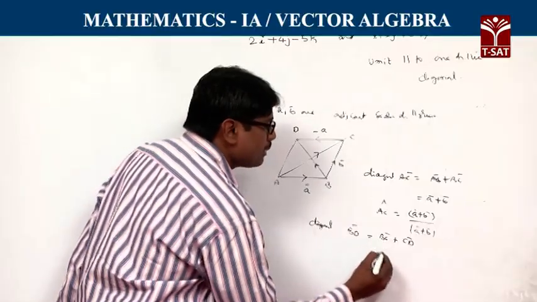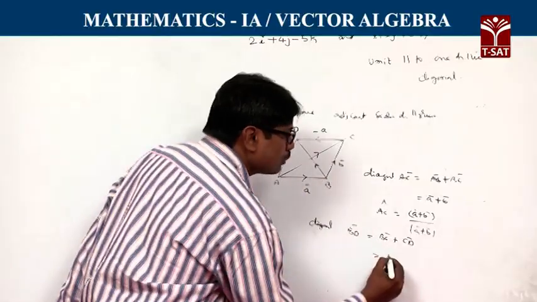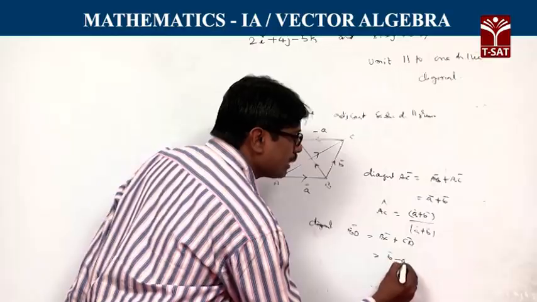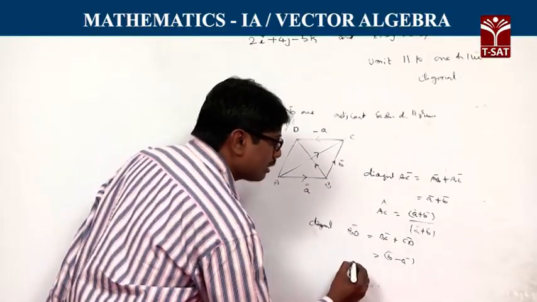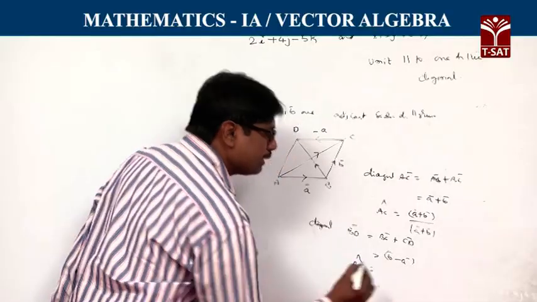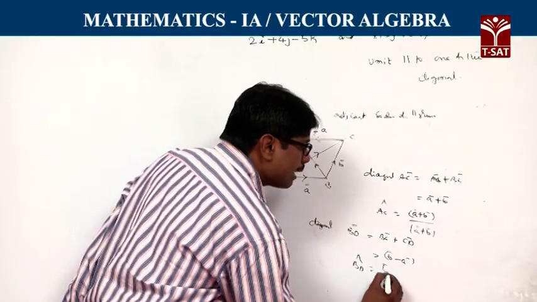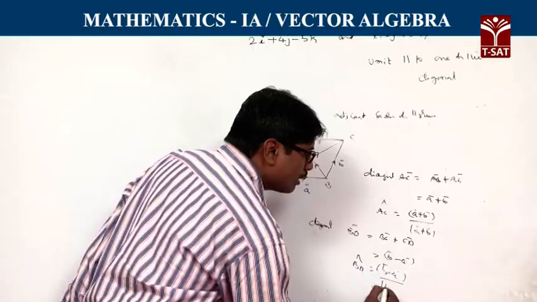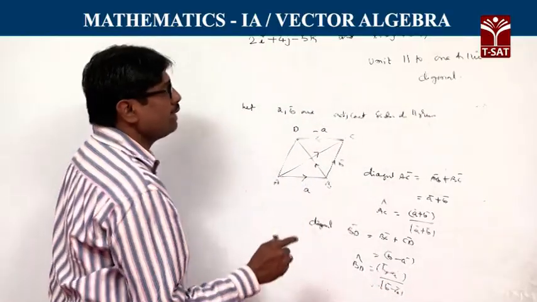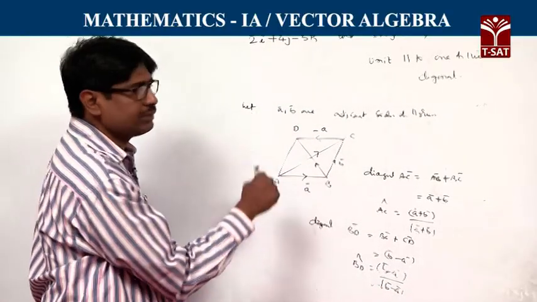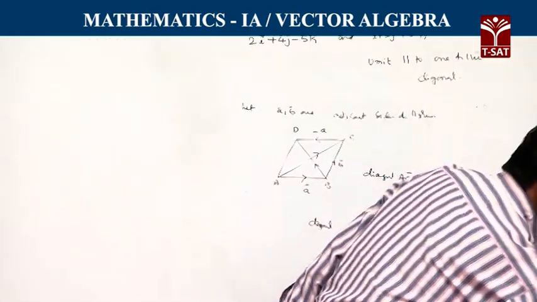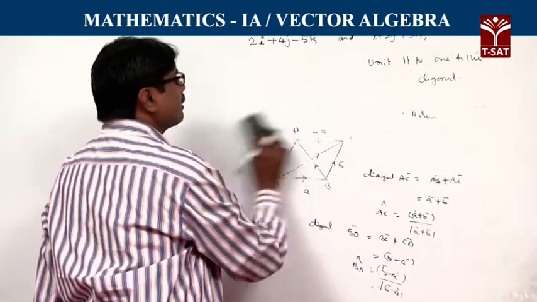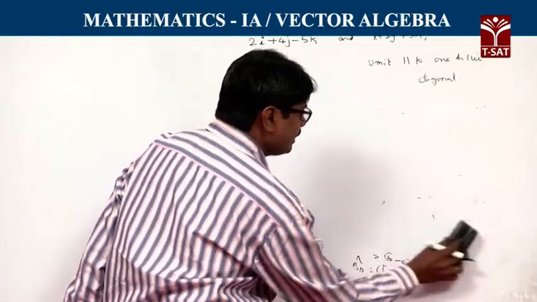The unit vector of BD bar, BD cap, is equal to b bar minus a bar divided by mod of b bar minus a bar. But here, to find a unit vector of one of the diagonals, you may take AC bar or BD bar. Now this is the construction of the parallelogram with unit vectors of the diagonals.